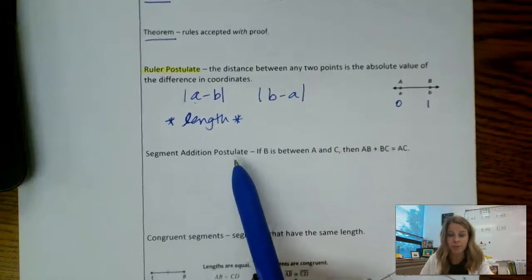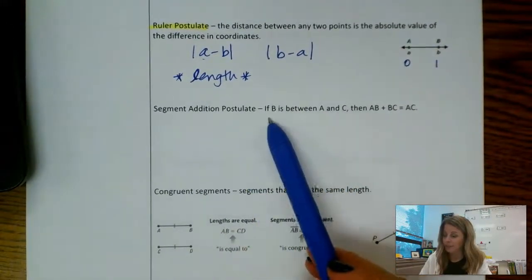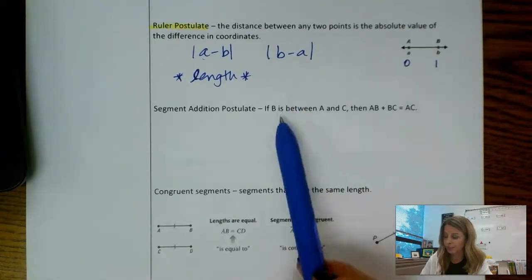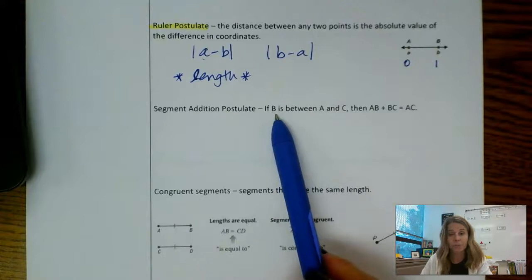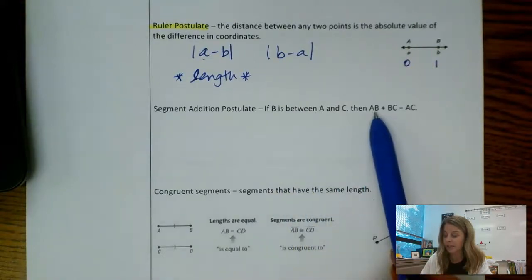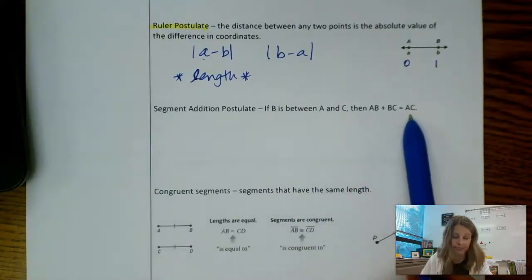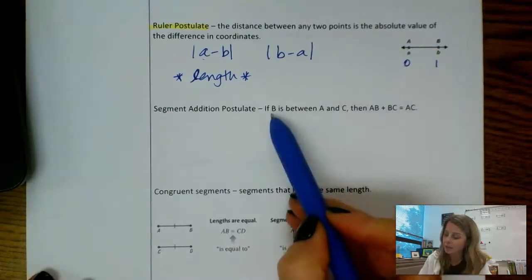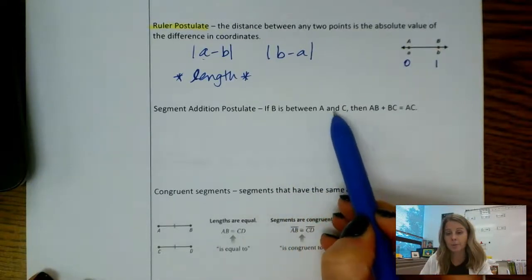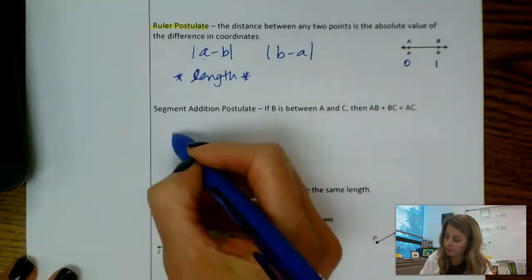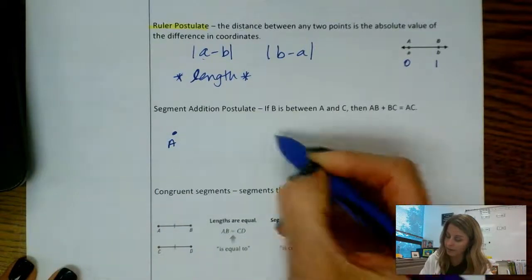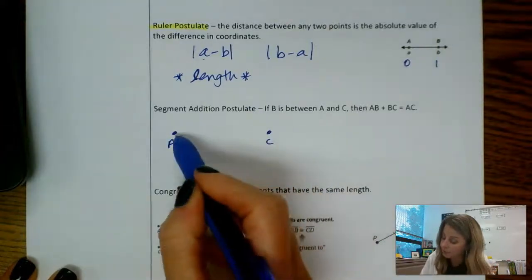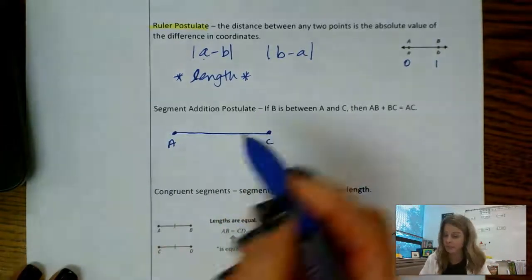Okay, segment addition postulate. This is the basic postulate wording that you would find in geometry textbooks. If point B is between A and C, then AB plus BC equals AC. Let me break this down a little bit. If I have a point between two other points, let's put point A right here, and let's put point C over here. Point A and point C, we're going to put on a segment.